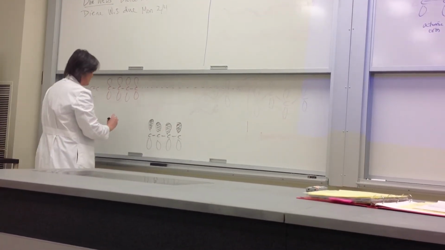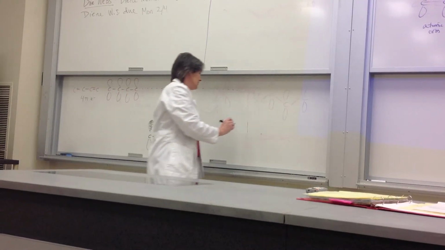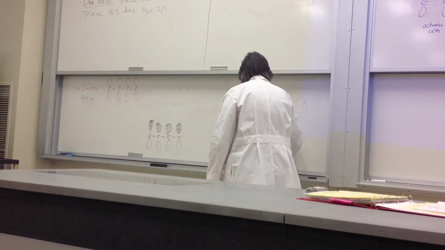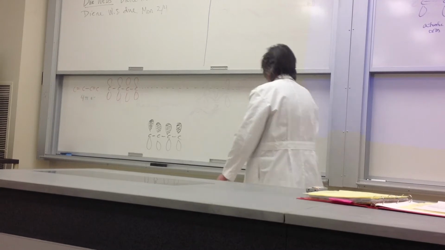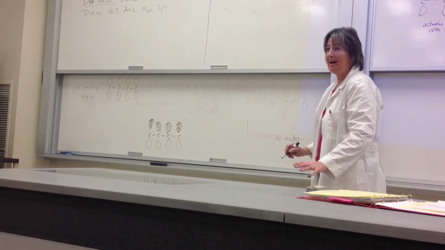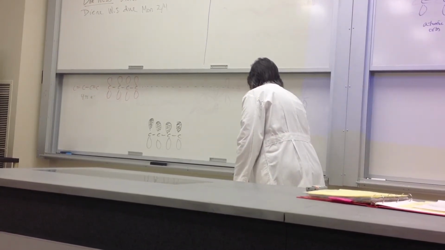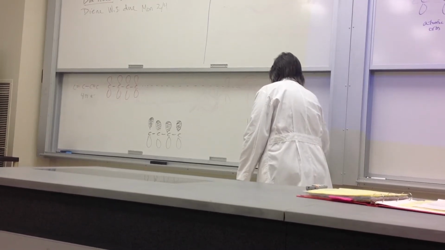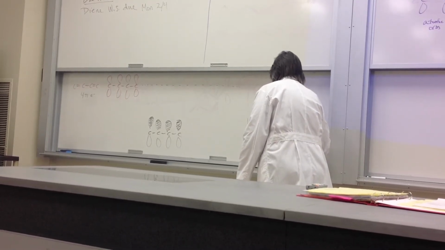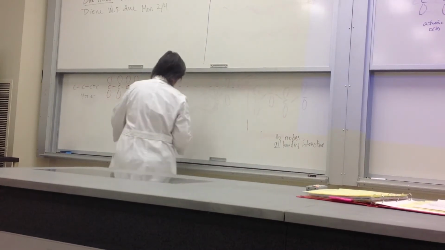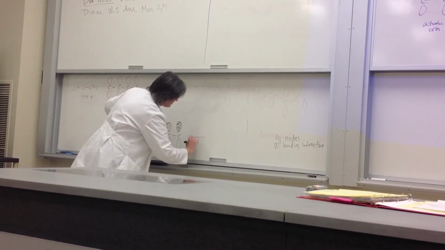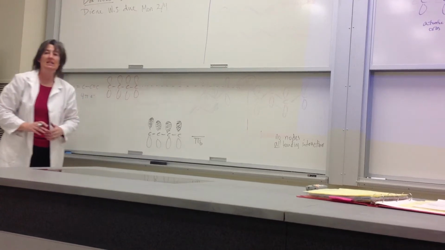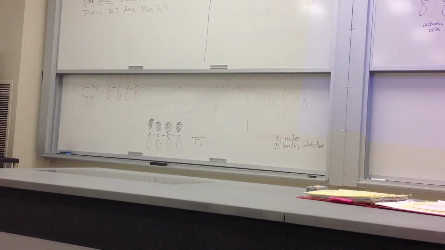This one, and I'll write it over here, we have no nodes. It's all bonding interactions. And that's going to be one of our pi bonding MOs. The lowest energy one is the best we can do.